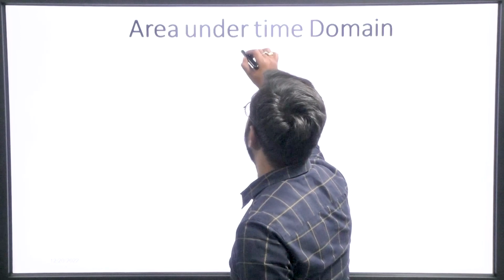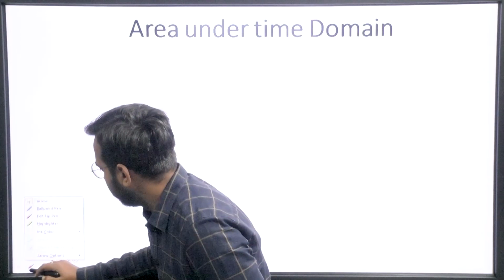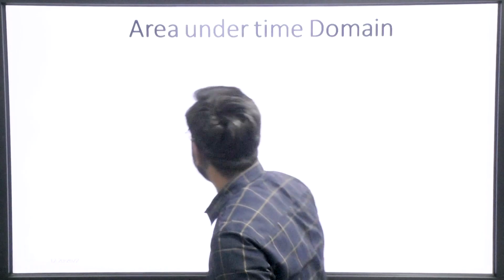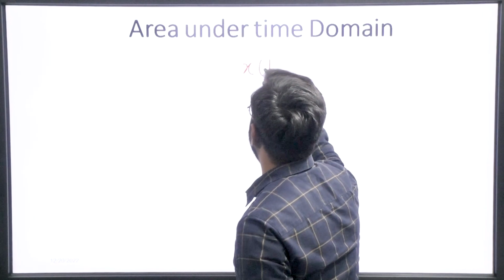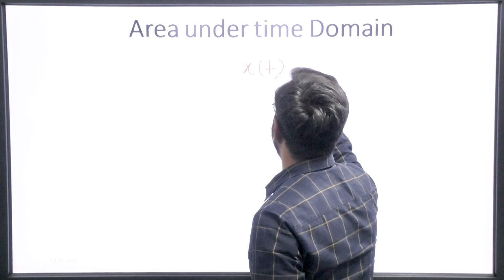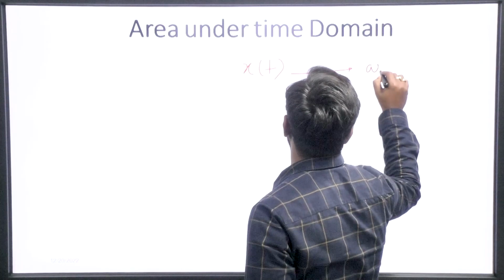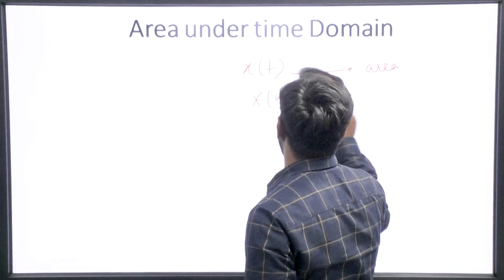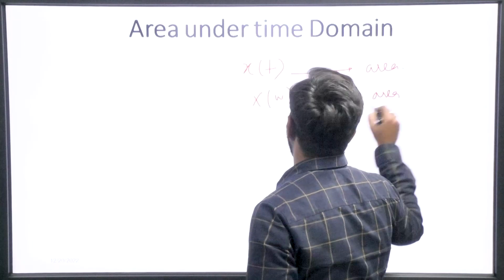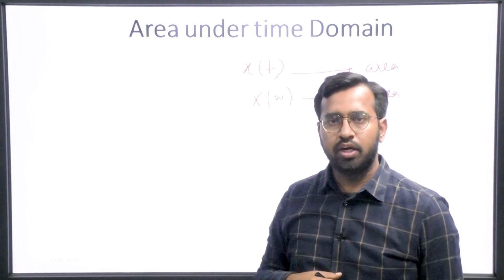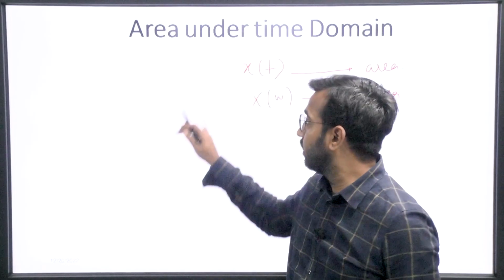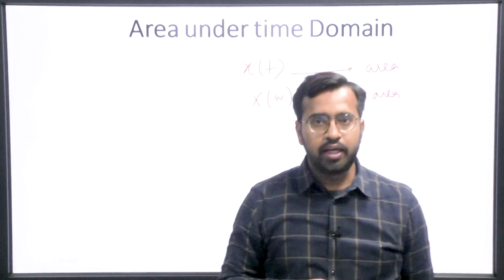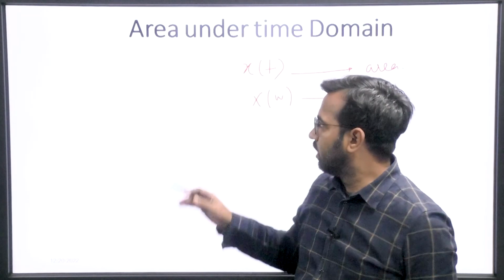Suppose you are given a function x(t), and we are required to find its area, or you are given x(omega) and are required to find its area. If we have a function in the time domain and are required to find its area, how can we easily find it?